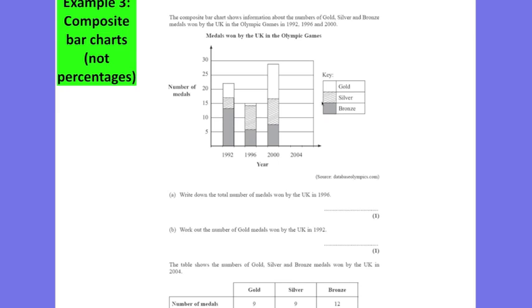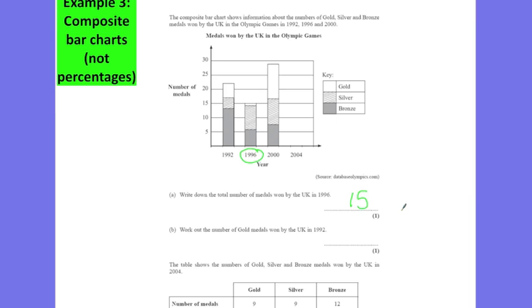We can see here on the right that we have a key for each of the sections of the composite bar, and we have our 3 years shown here. We're asked to write down the total number of medals won by the UK in 1996. So looking here at our 1996 column, with bronze, silver and gold, we're looking at the total, which is 15.